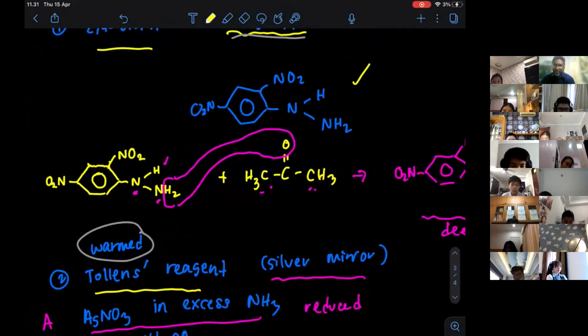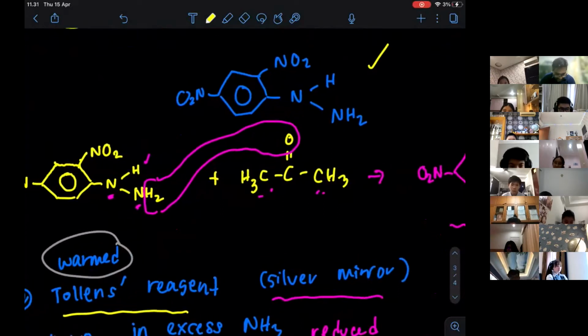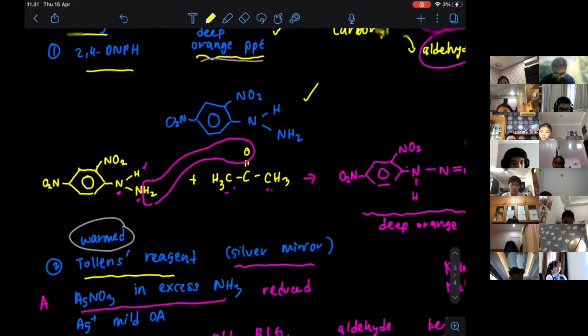Just one more. I think your teacher is also here. Owen, what type of reaction do you think this is? I know the mechanism is nucleophilic addition, but what type of reaction is this? Owen? Not sure, sir. It's oxidation. Josh? No, it's not oxidation. Josh, you want to try?